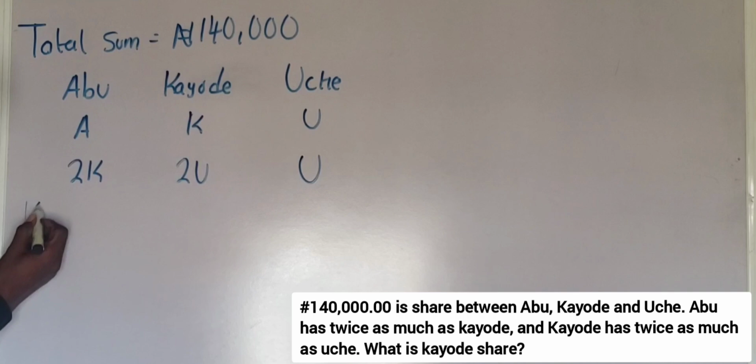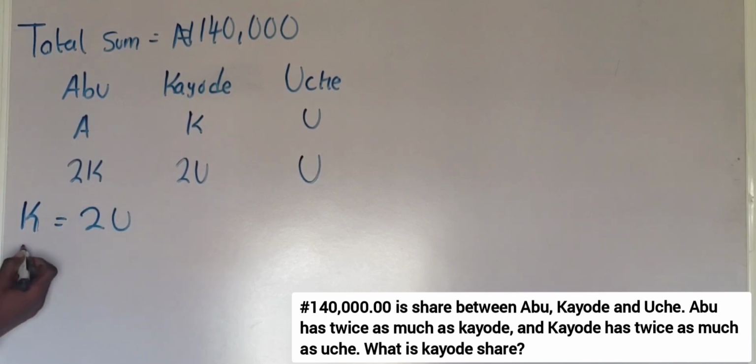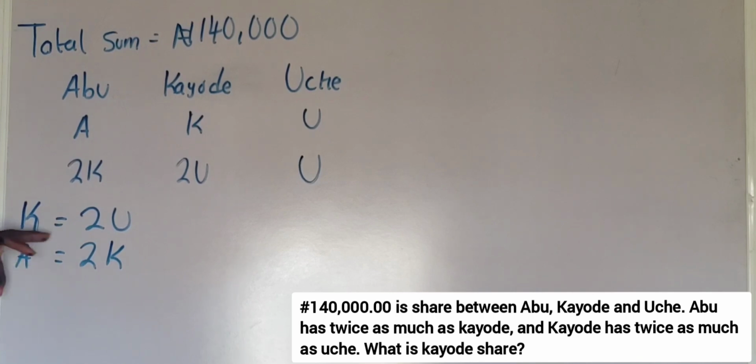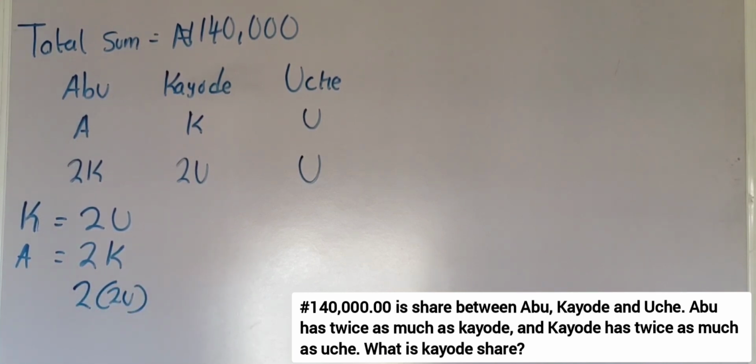Sorry, let me change this marker. Kayode's share is equal to 2u. But Abu's share is equal to 2 multiplied by Kayode's share. Since Kayode's share is equal to 2u, if I substitute the value of k as 2u in this place, I'm going to have 2 multiplied by 2u. Is that not it? So I'm going to have 4u.